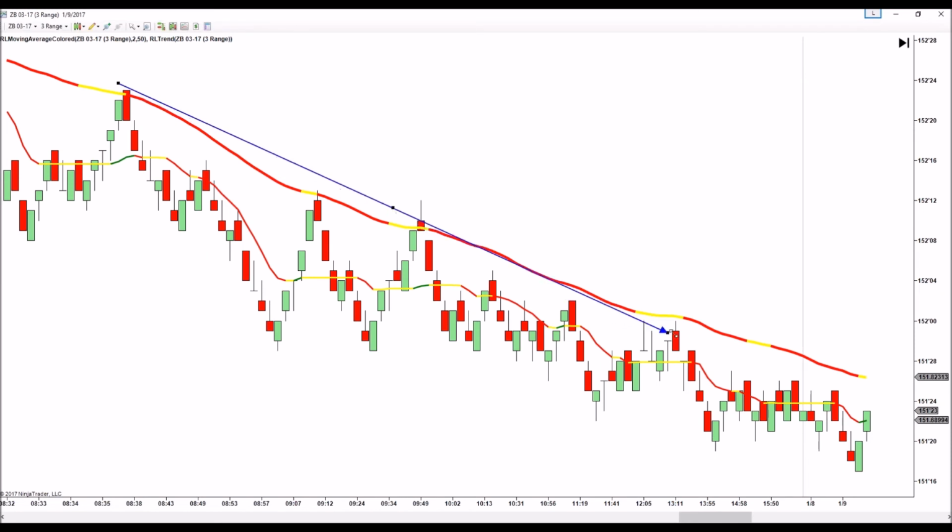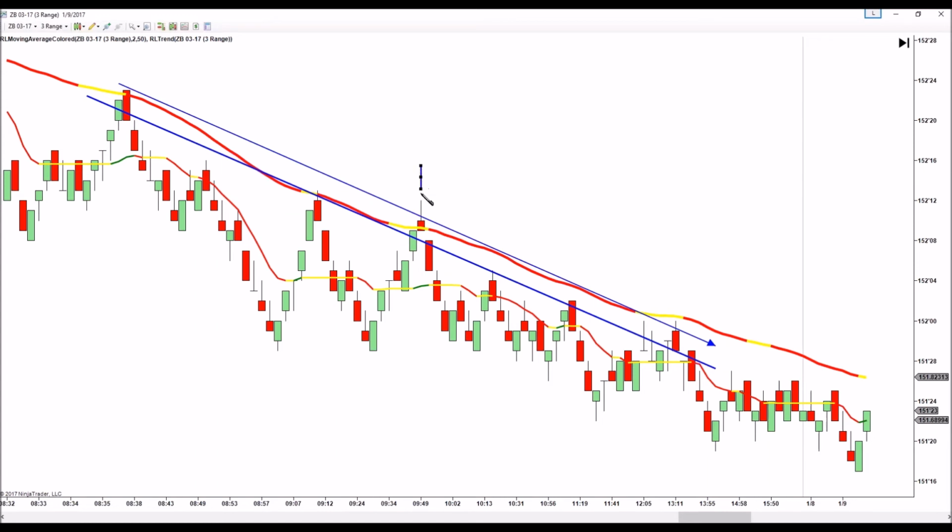And here's a lower high, here's a lower high, and these are all consecutive lower lows. So you can anticipate a break of the channel here, a break of the channel here, and a break of the channel here.